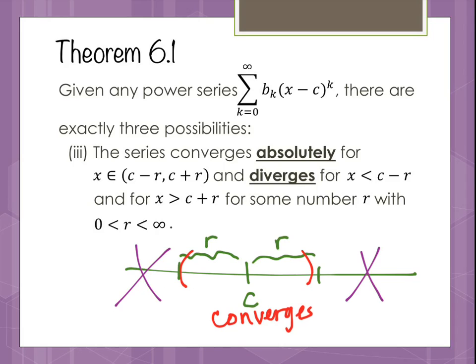That tells you the interval. It also tells you the radius, right? Because it's going to be whatever that length is on either side of c. The thing that it doesn't tell you, and the part that's maybe easy to forget if you're just looking at the details of how this is written, is it doesn't tell you what actually happens at these endpoints in particular, because they're neither included in this notation, because this says less than and greater than, nor are they included in this notation because these are the strict inequality symbols, right, with the open parentheses.